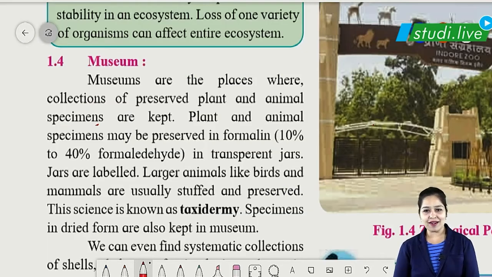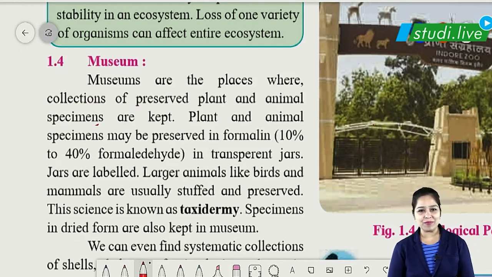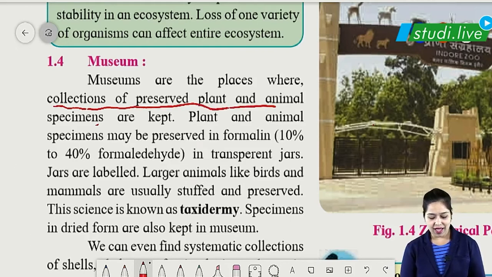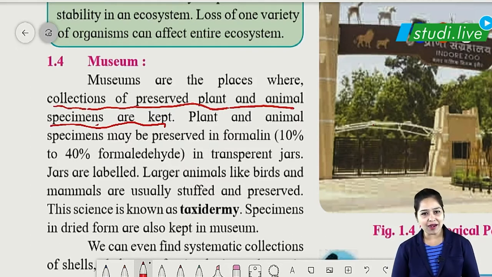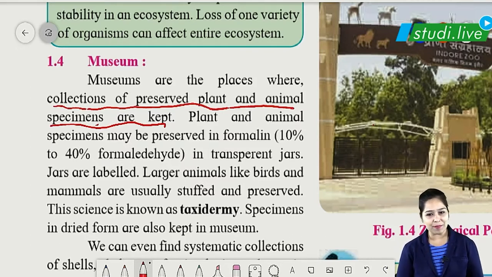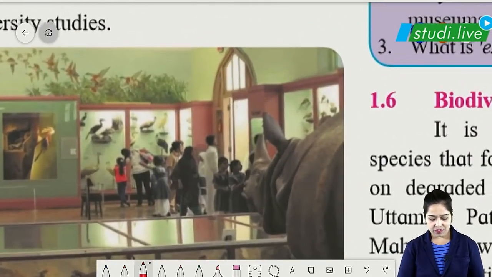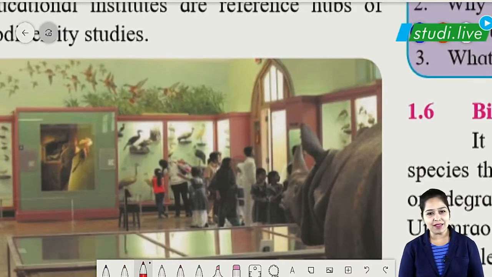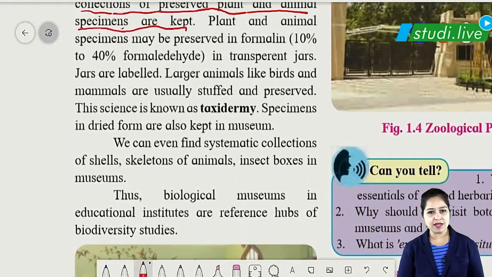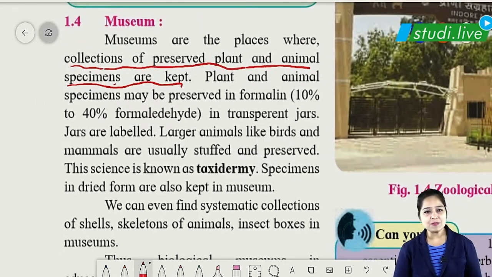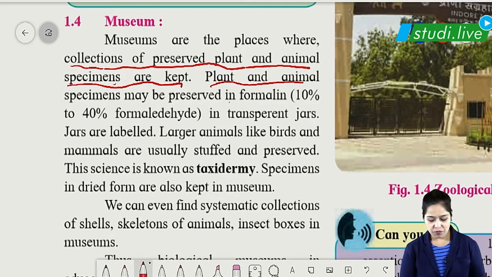So after botanical gardens, let us move to the museum. So museums are places where collections of preserved plant and animal specimens are kept. So in this figure you could see animals as well as plants are preserved and kept in these museums. These plants and animals may be preserved in formalin.